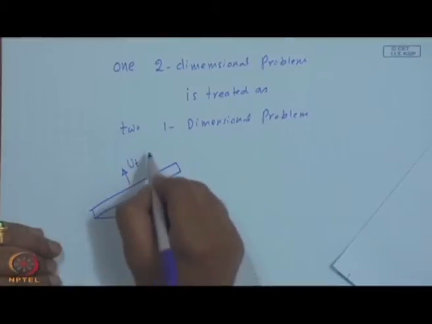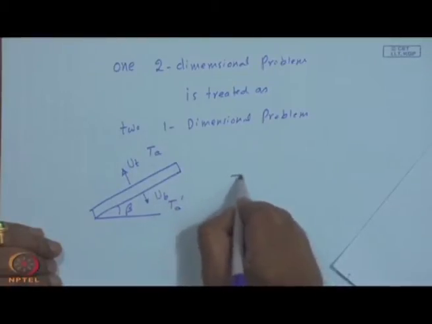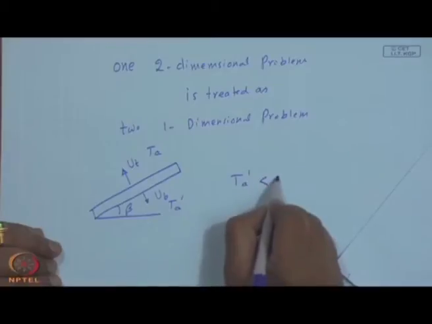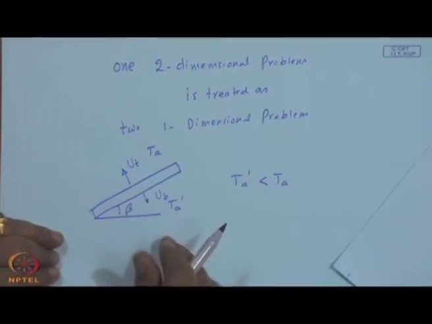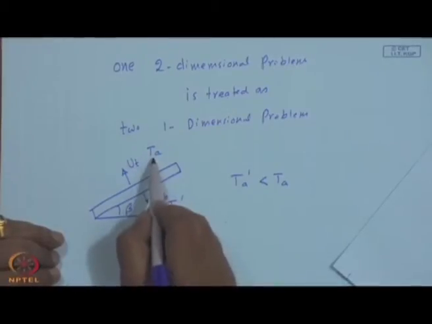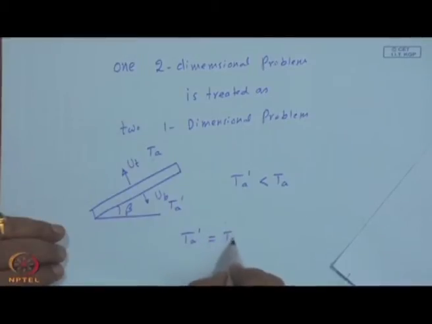Some people argue if this is T A, the bottom of the collector will be at some T A dash, generally T A dash being less than T A. So, this is a shaded region. So, the back losses will in principle be different from the temperature to which the top losses are taking place, but we assume T A dash equal to T A.